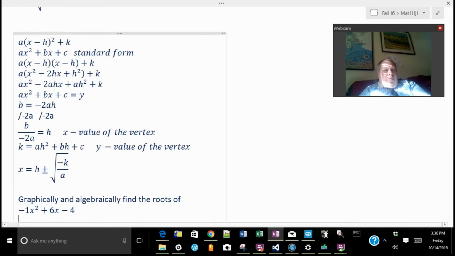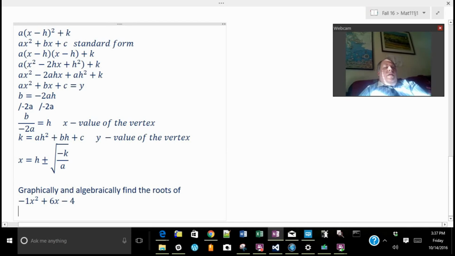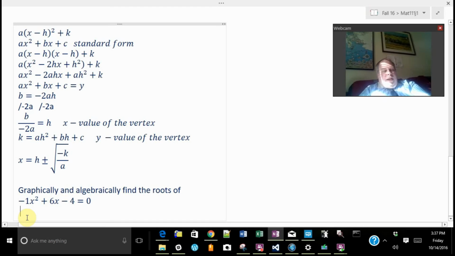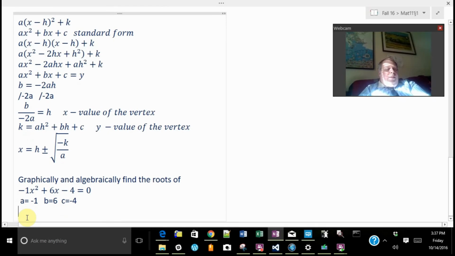Okay, so what am I going to do? To graph it or to do the algebra, we're just finding when it equals 0. I'm going to find h and k. So we know a is minus 1, b is 6, and c is minus 4.